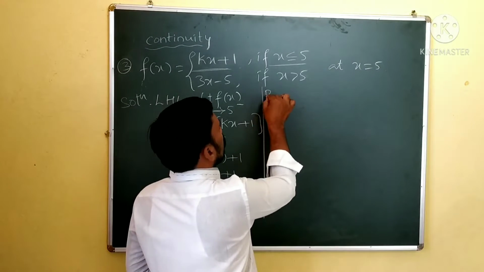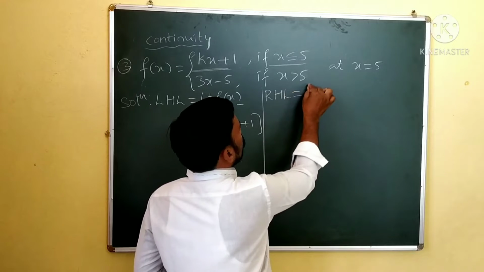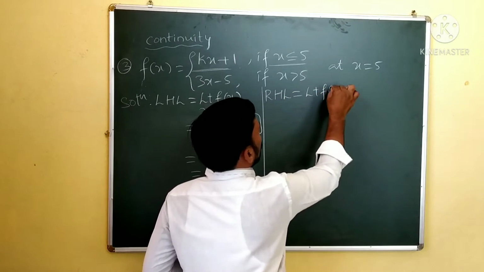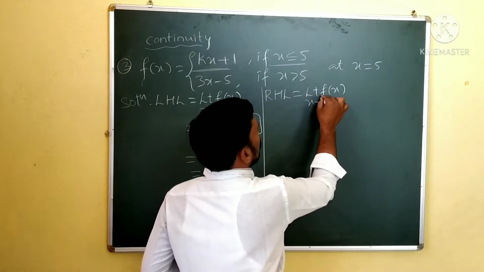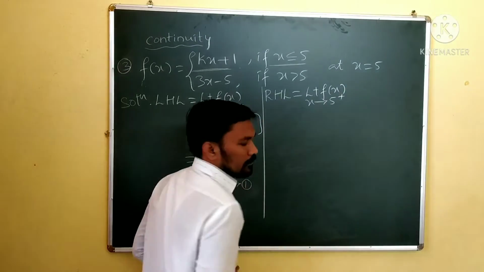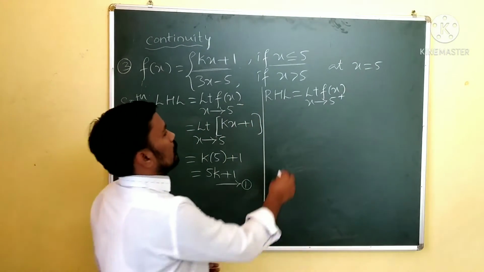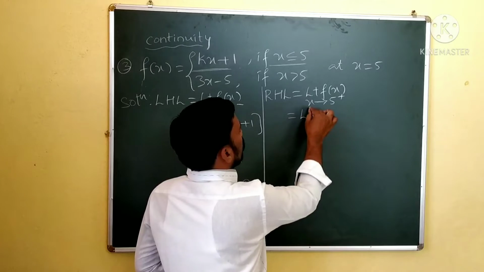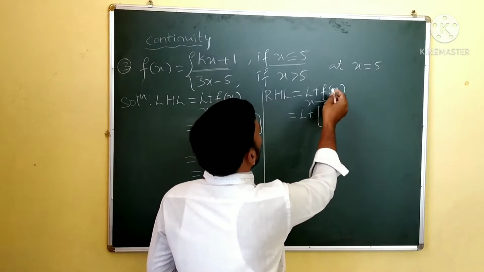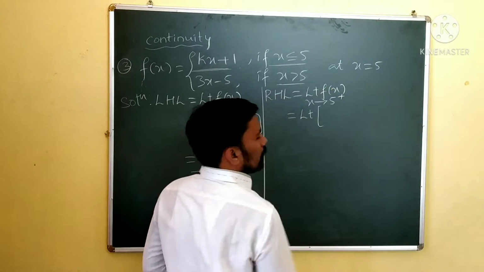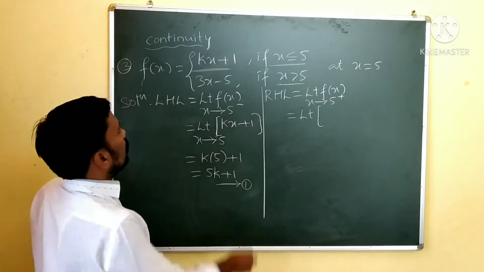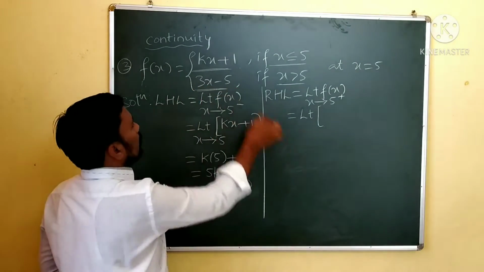Similarly, calculate the right hand limit value. RHL is equal to the limit of f of x as x tends to 5 plus. Now put the f of x value here. What is f of x? For the right hand limit we have to see the greater than symbol. In this interval, the value of the function is 3x minus 5.